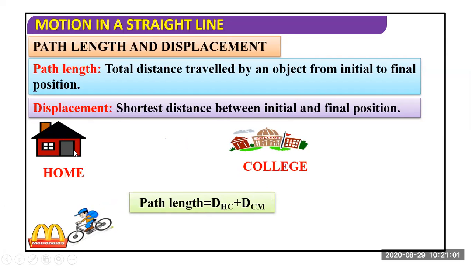So the path length will be home to college plus college to McD. But the displacement will be direct, directly from home to McD. It will not include the path traveled. So displacement is independent of the path traveled.